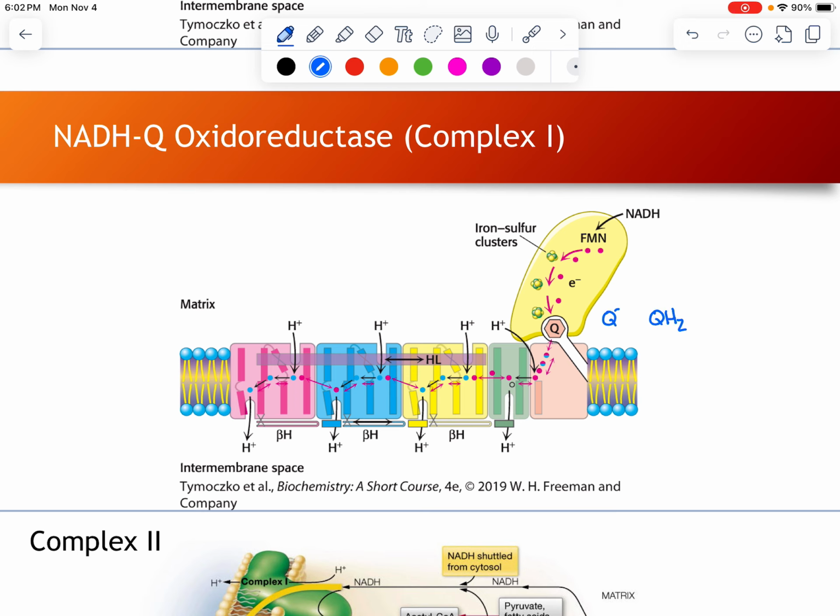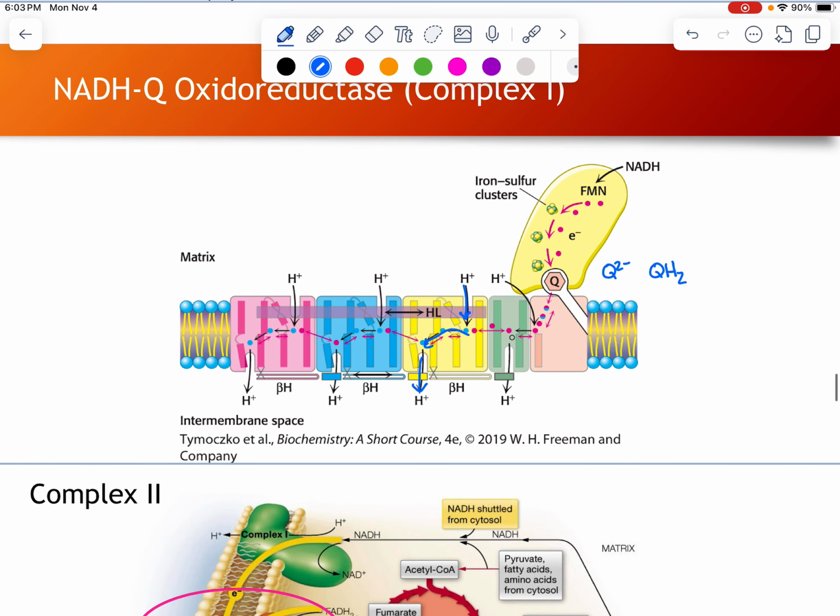So first it's that Q2 minus that causes the conformational change, which pulls those protons from the matrix. They pass the protons to the water channel, and then they get passed off to the side chains to the intermembrane space. So the pump comes down to the fact that the charge sets up the conformational change, which changes the pKa's, which has protons attaching and detaching from those side chains.